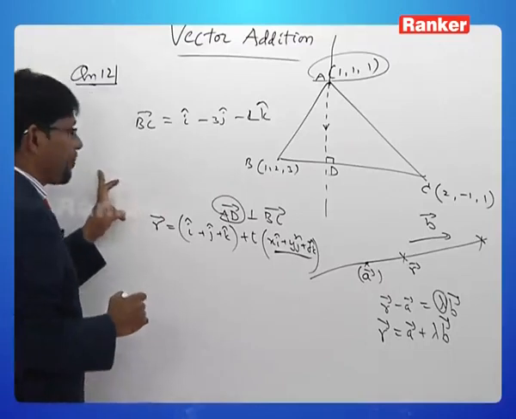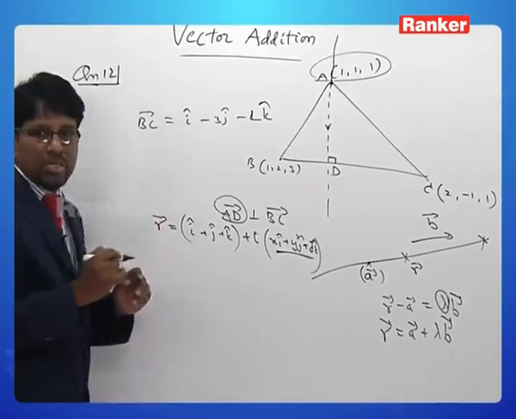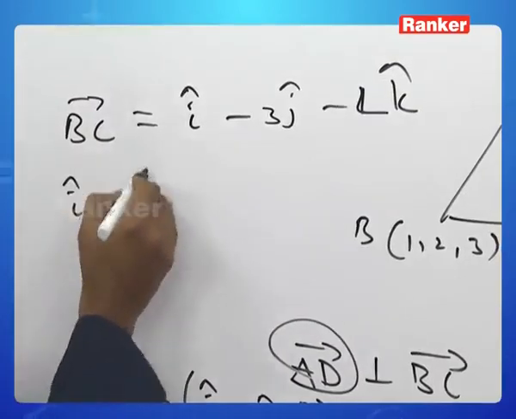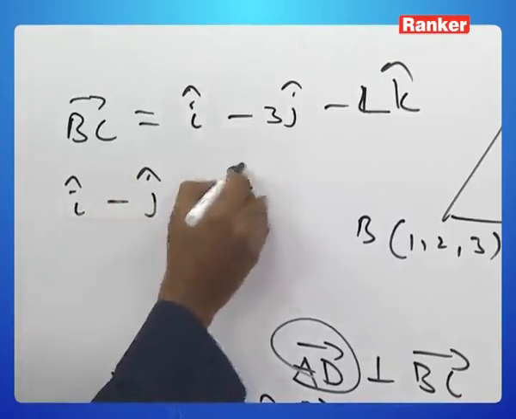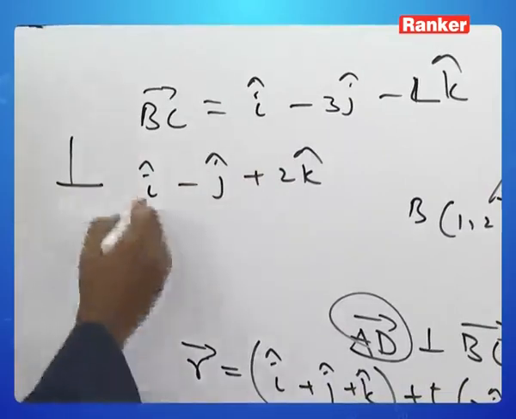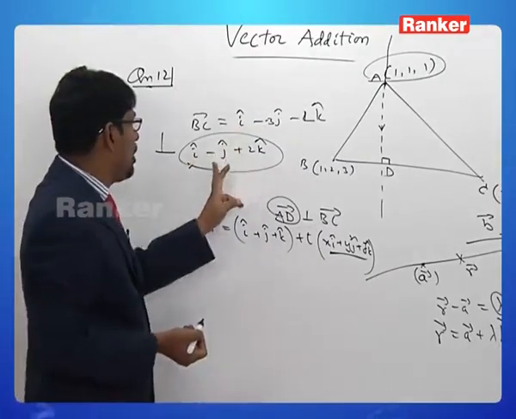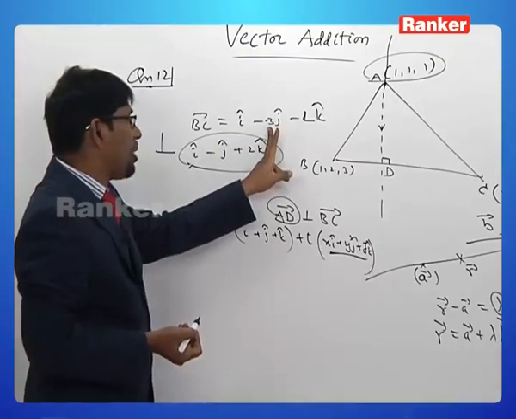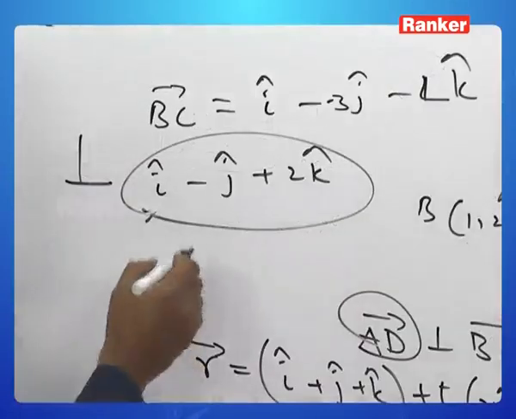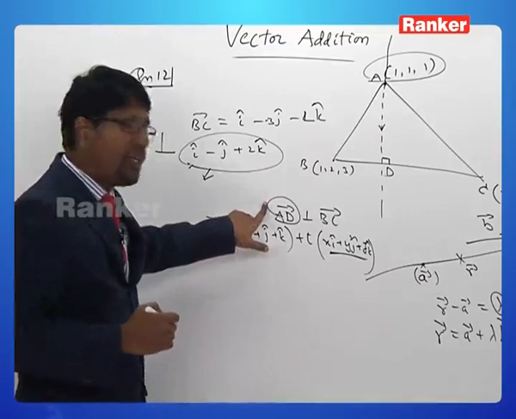So, clearly we will observe that i minus j plus 2k is perpendicular to this. The dot product of this is 0 here: 1 into 1, minus 1 into minus 3, plus 2 into minus 2, that comes out to be 0. So, we observe that this vector is perpendicular to the BC vector. So, that must be along AD then.